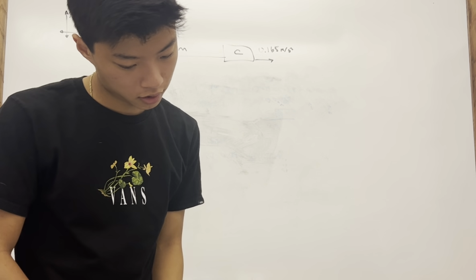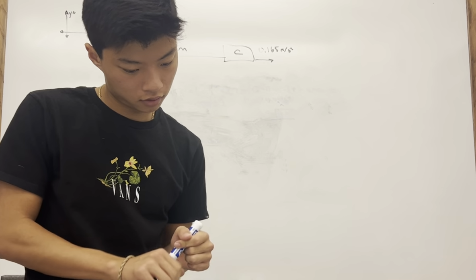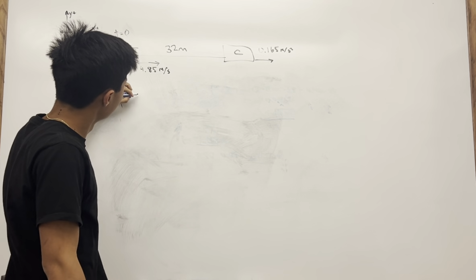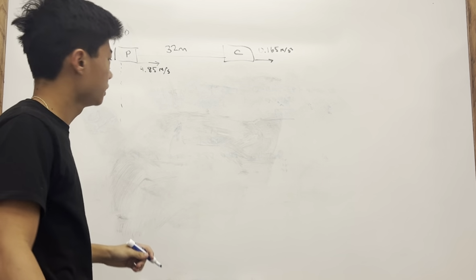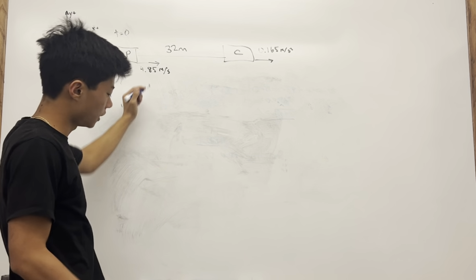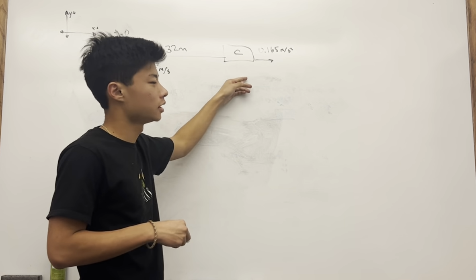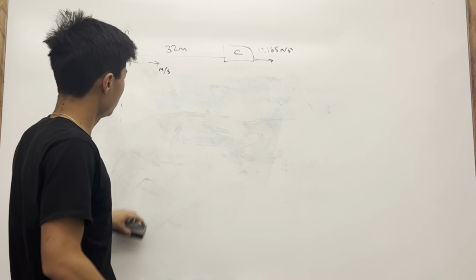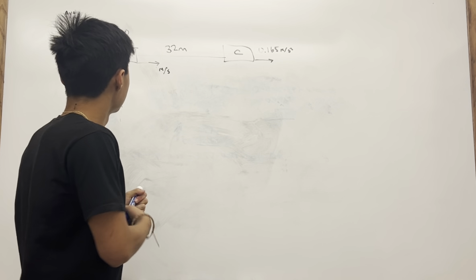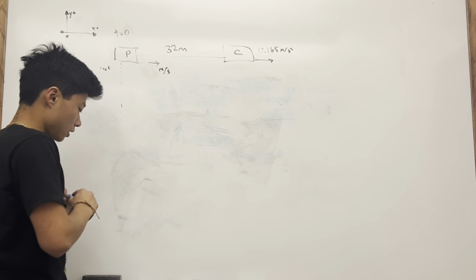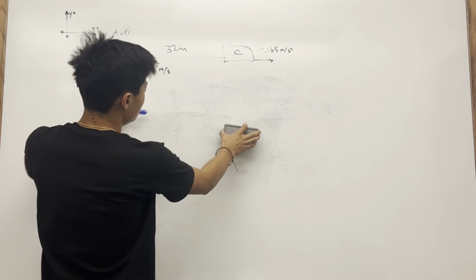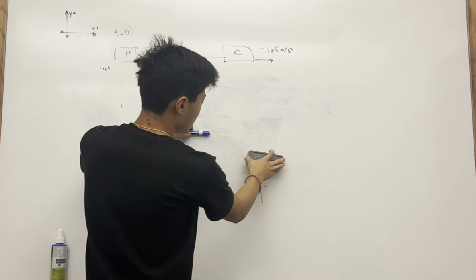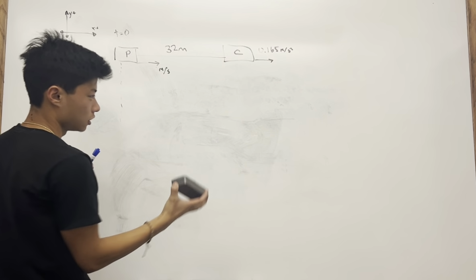Part B talks about, okay. So this is asking at what speed instead of 4.85 will the puppy only catch up to this once. Now, if the puppy is traveling at a slow enough speed, it could never close this 32-meter gap before the car starts going at a velocity higher than the puppy, in which case the puppy will never catch it.